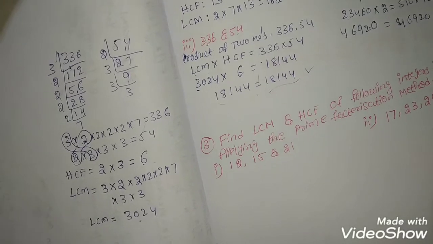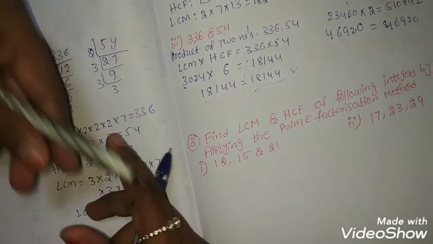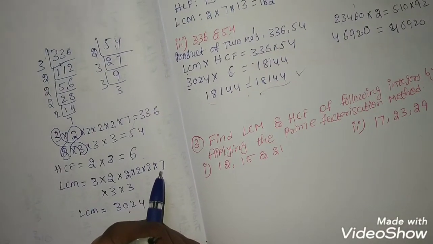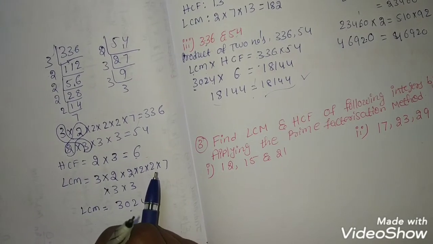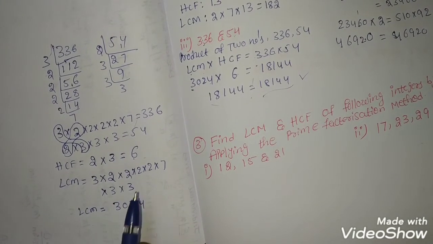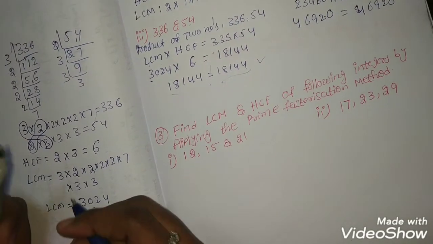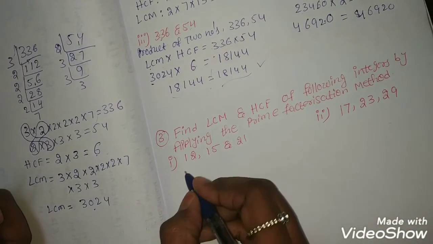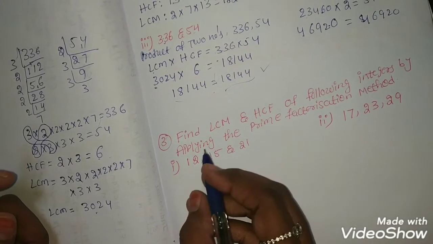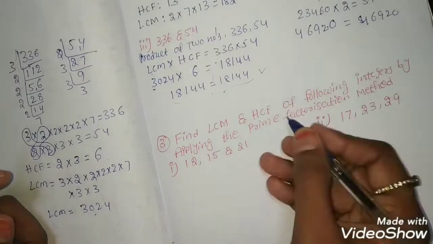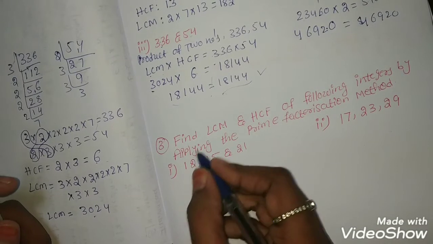Okay. Let's move to the third question. What they have given here is: find LCM and HCF of the following integers by applying the prime factorization method. It's very simple. So what do we have to do?